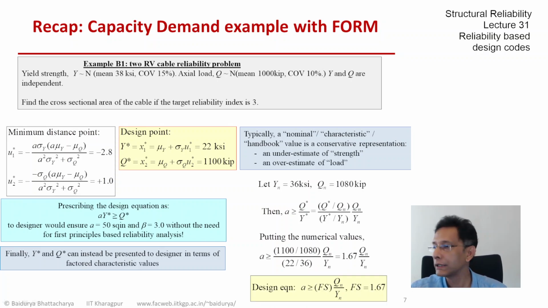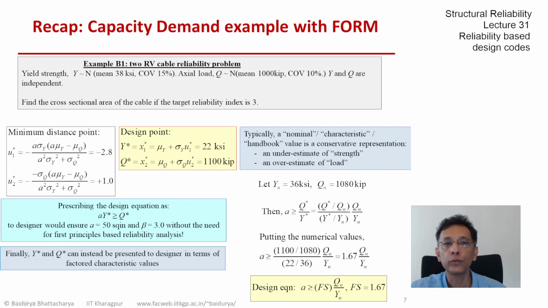So a design equation like this, that area is greater than or equal to a factor of safety times Qn over Yn, where the factor of safety happens to be 1.67, and that in turn depends on what the implied reliability is, would be served to the designer.